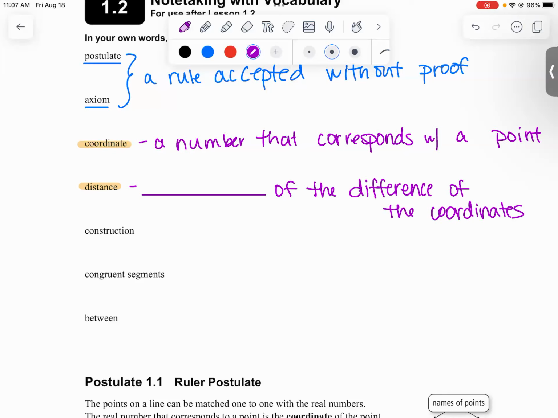Absolute value. Stay positive. Because what does an absolute value do? Makes everything positive. It's the opposite if it's negative, but it's not the opposite if it's positive.